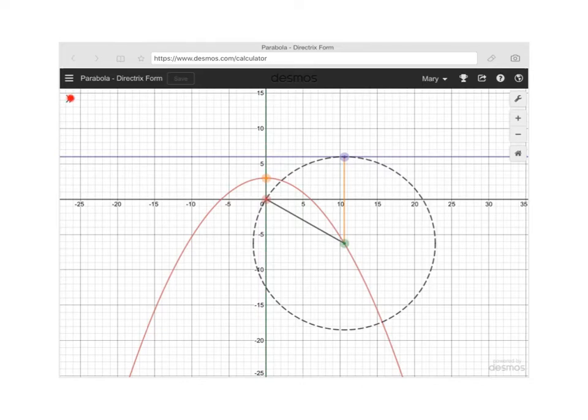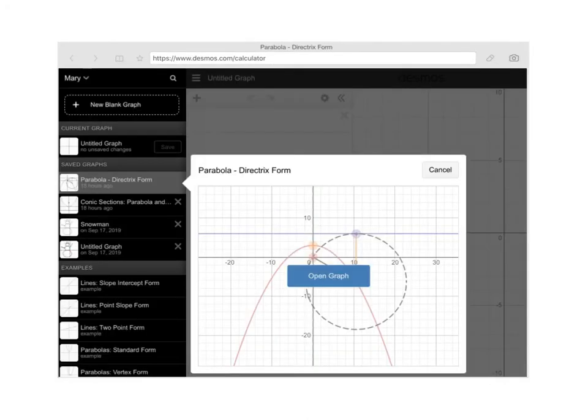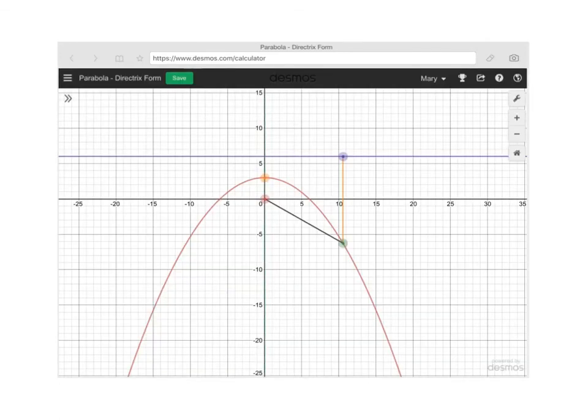So let me open this back up. Okay, that's better. And now we can see, let me change colors here, a couple of things that are important. Blue would be great. So this distance here is the same as this distance here.